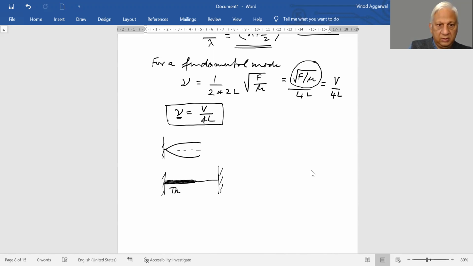This is the thick string, this is the thin string, and the wave will reflect.